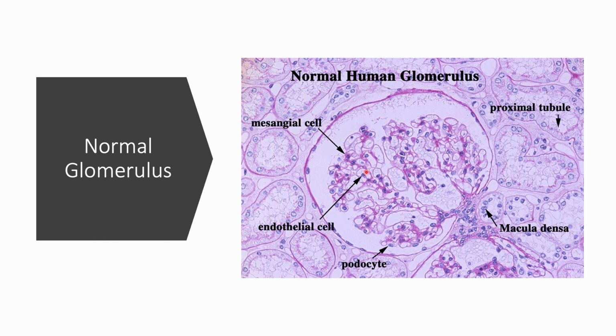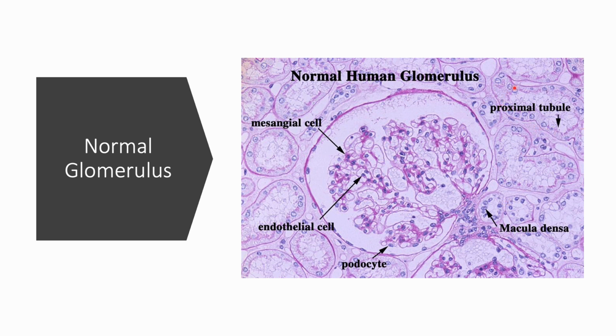So here, these are endothelial cells. Now, in between these capillary loops, you have the mesangium, and the mesangium has mesangial cells. So then we have epithelial cells, including the podocytes. We have endothelial cells on the blood side, and in between we have the mesangium, which has mesangial cells.